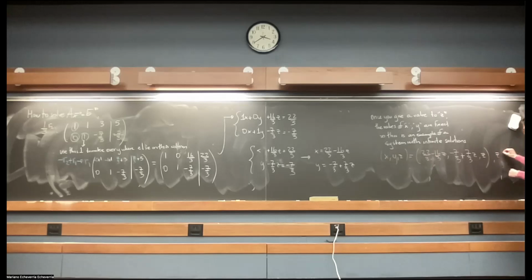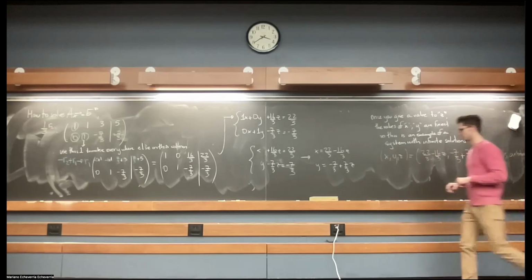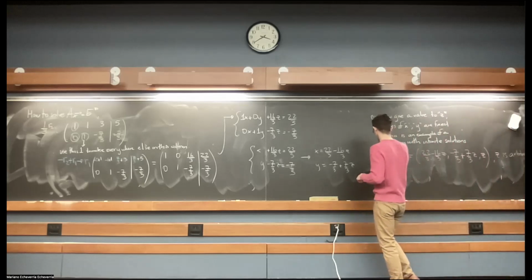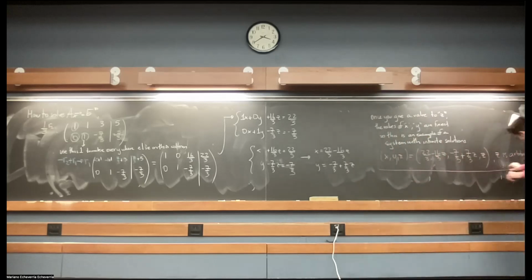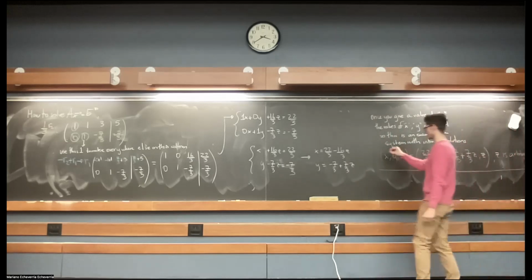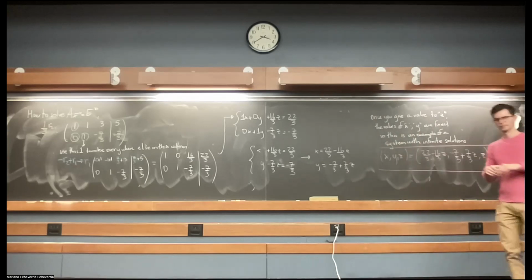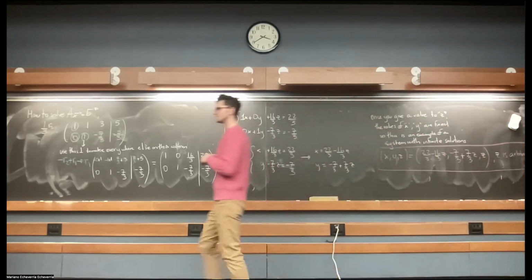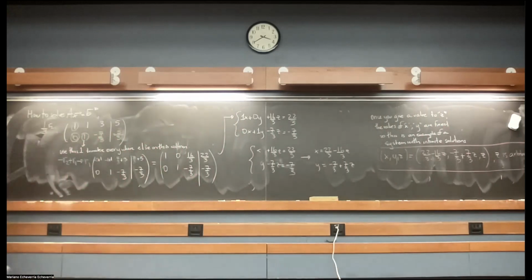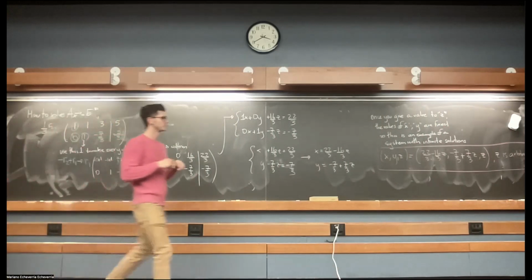So here you write z arbitrary. That's a way to write the solution to this system. Is that making sense? Any questions about this?